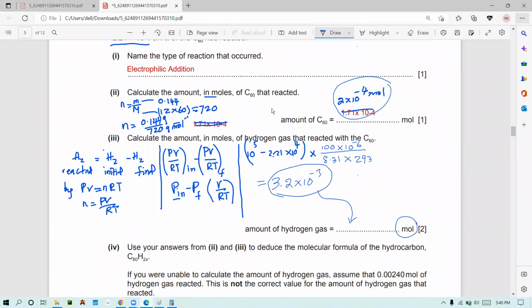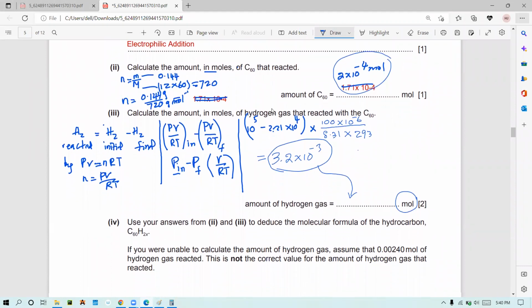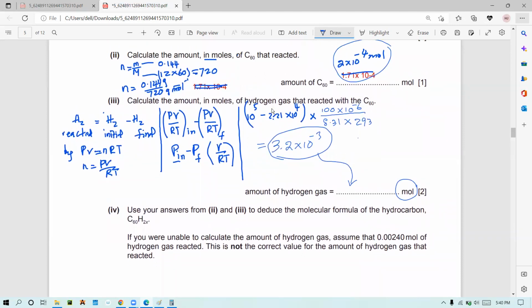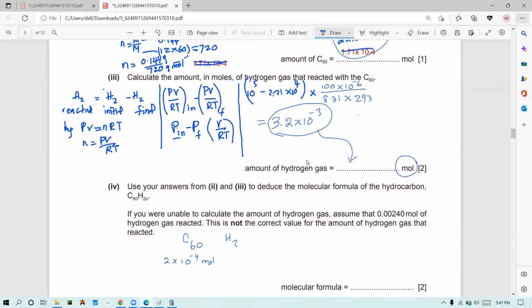We had to use these answers 2 and 3 to deduce a molecular formula of hydrogen. We'll write C60 and H2 moles. We have 2 into 10 to the power negative 4 moles of C60 reacted with 3.2 into 10 to the power negative 3 moles of H2.